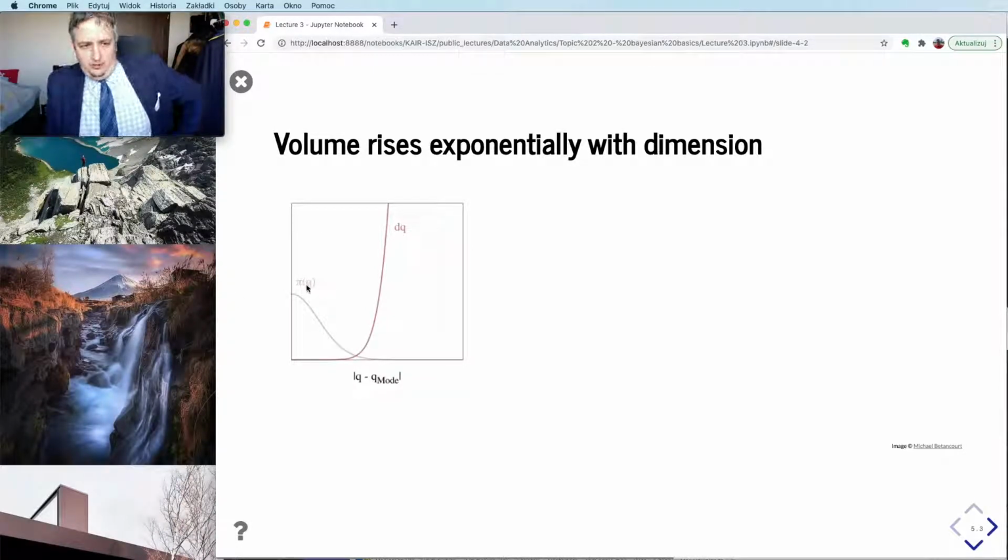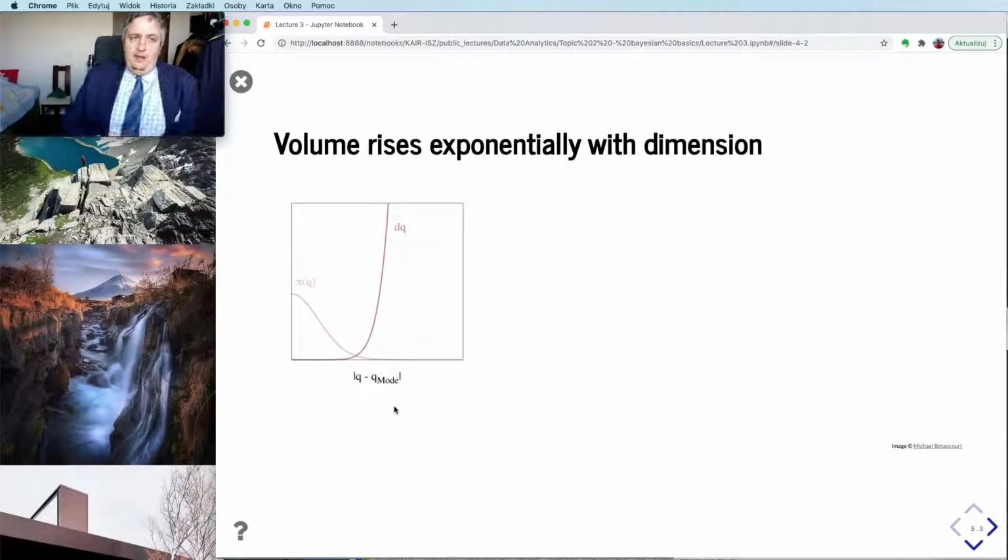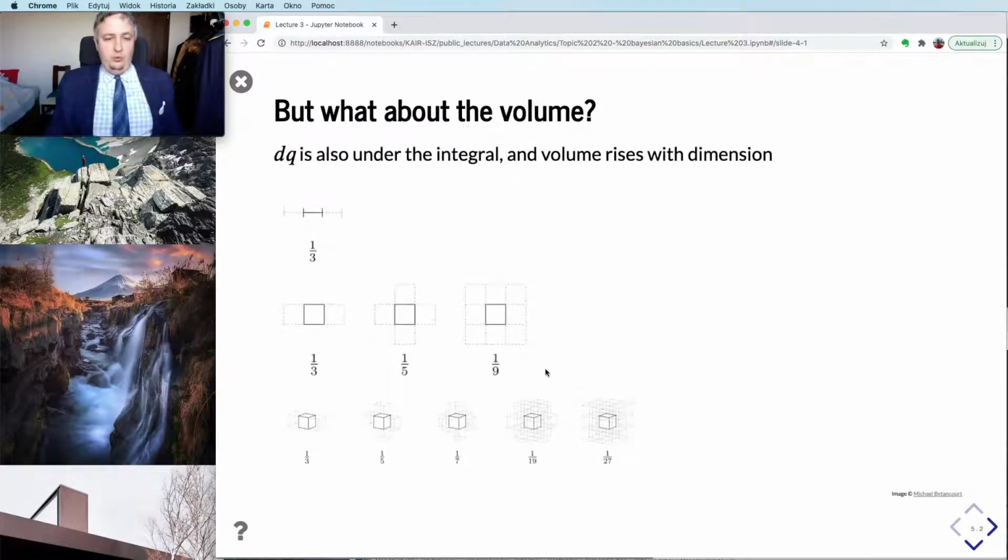Our function is large next to the maximum and then starts to drop. However, the volume over which those drops happen is actually rising, and the further we are from the maximum, the more of it we have, because if we look at our cubes, and take another step of cubes in here, we will have many more elements, and in 3D even more.